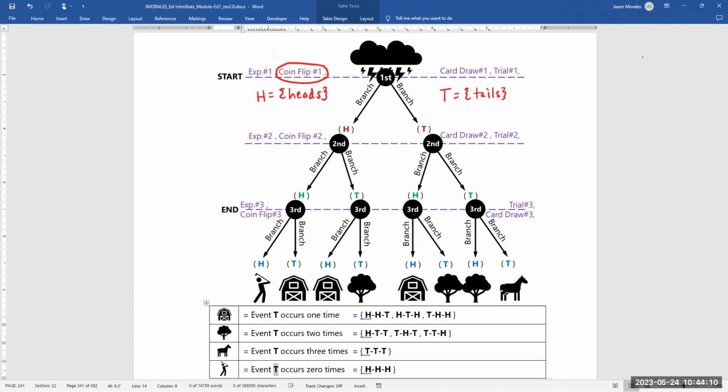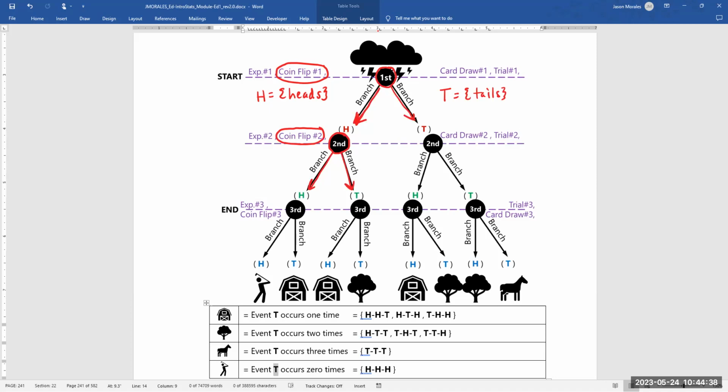And so you can see here at our first coin flip, we can get heads or we can get tails. Now on our second coin flip, our second experiment, if we had flipped the coin and gotten heads on the first coin flip, then on the second coin flip, we could have either gotten heads or tails.